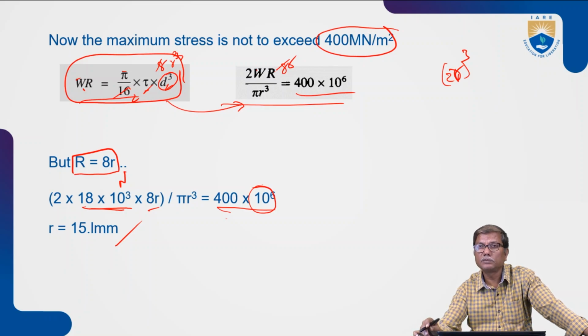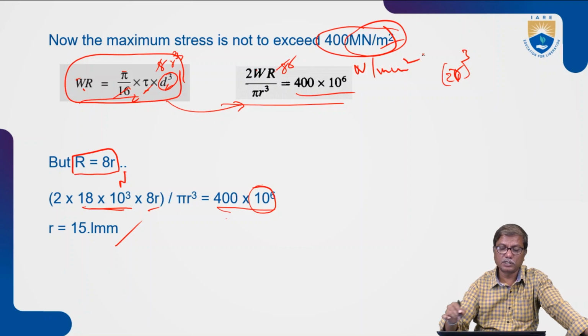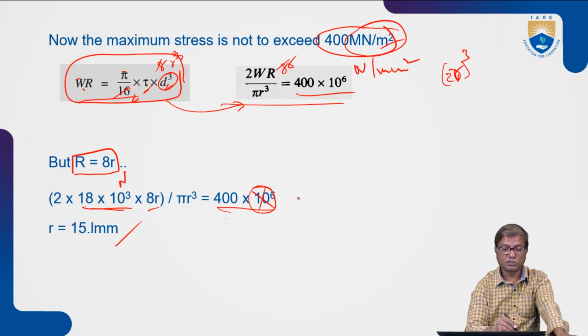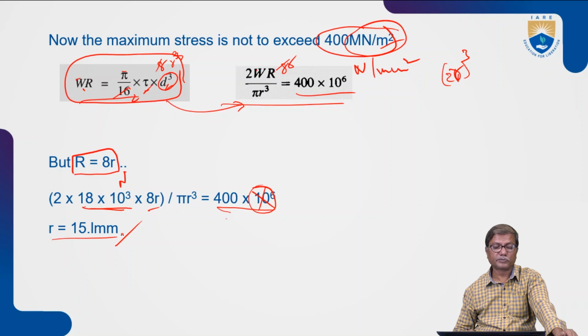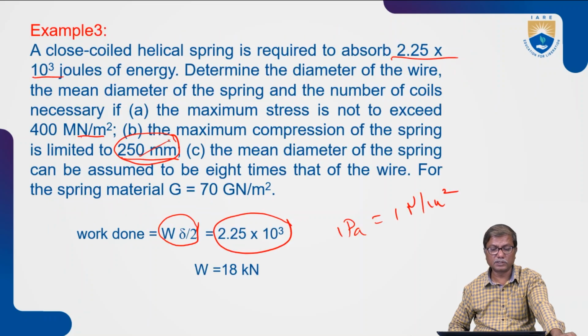Mega Newton is nothing but 10 power 6 Newton, and meter square is 10 power 6 mm square. So mega Newton per meter square is nothing but Newton per mm square. So you can take 400 here, so that you will get R value directly in millimeters. This is given, okay, 250.